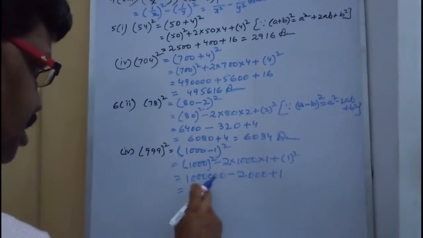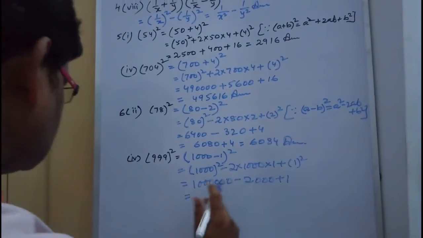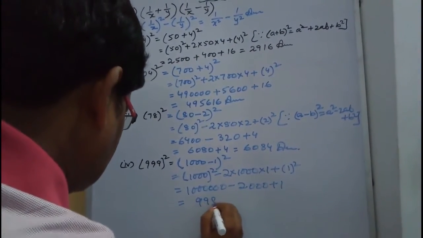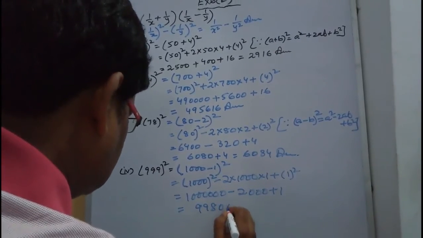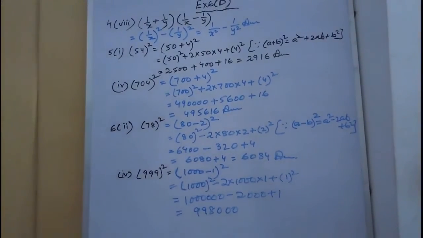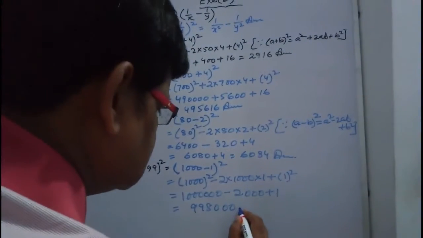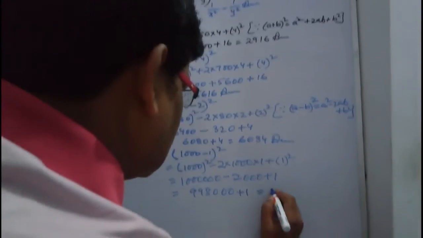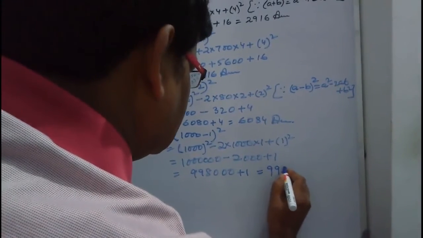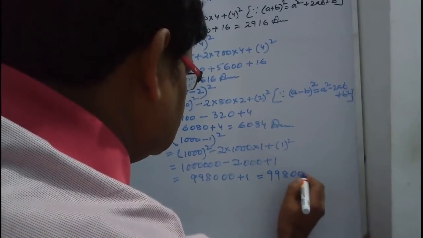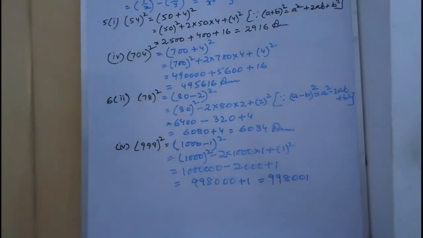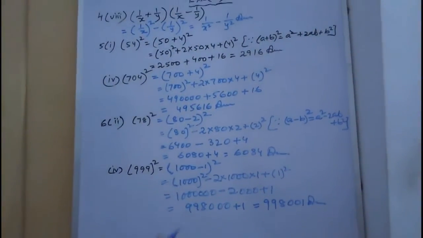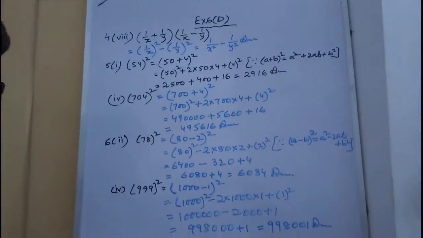Now subtract these two numbers, which is equal to 998000, plus 1. Now add with it, 998001. So this one is the answer of this question.